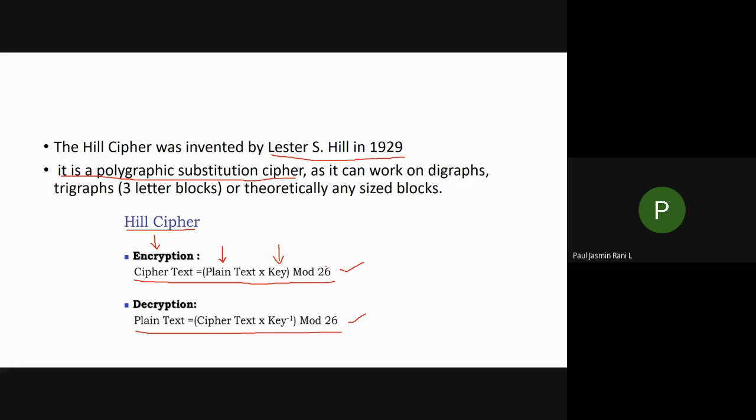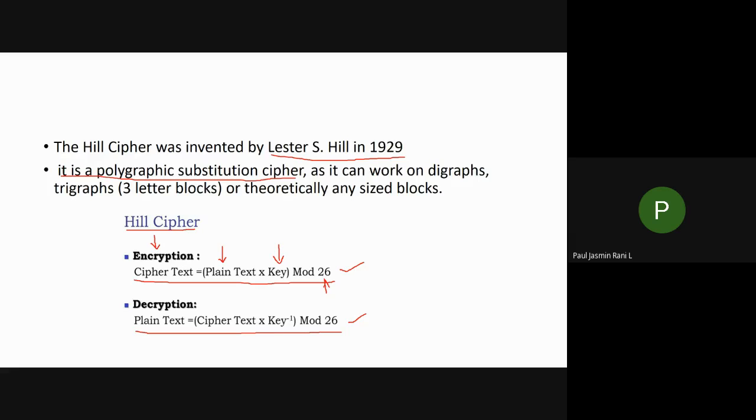Why are you using 26? Because you are going to concentrate only on alphabets. Say suppose in your plain text you have special characters; then you have to increase this number accordingly. In some cases they may include a question mark, underscore or full stop.